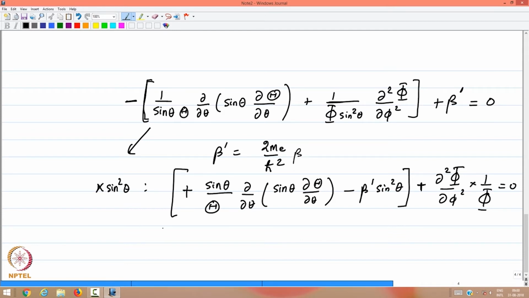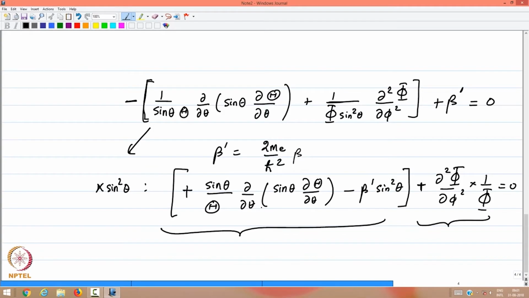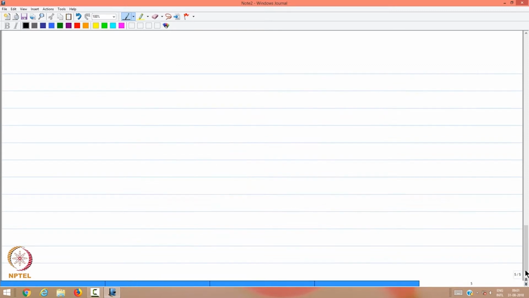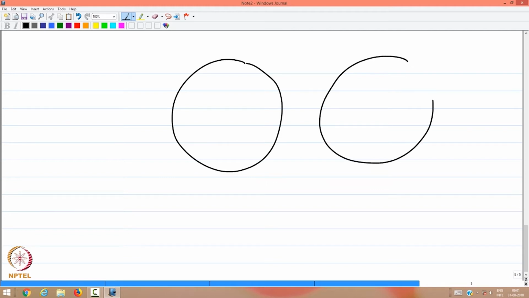Now, you see this is only the theta part and this is only the phi part. The theta component is independent of the phi component, therefore this is equal to a constant and this is equal to a constant. Remember the spherical coordinate system: let me draw the sphere again, it is a circle, of course it is 3-dimensional.